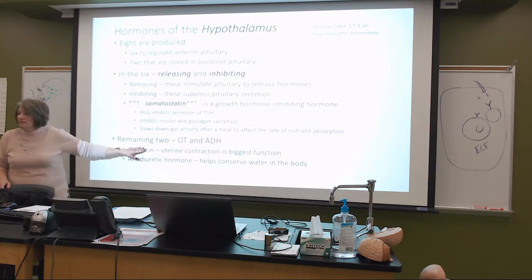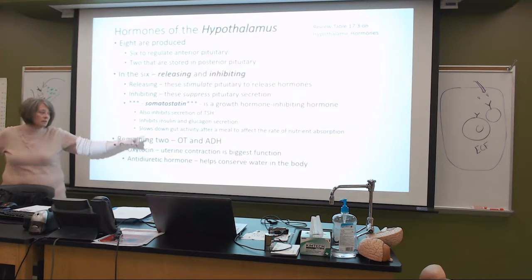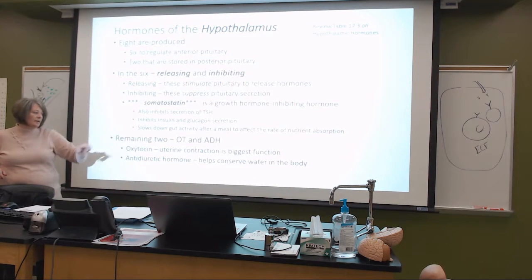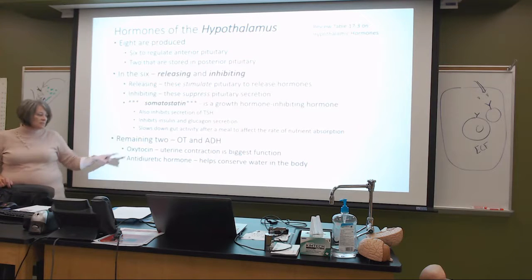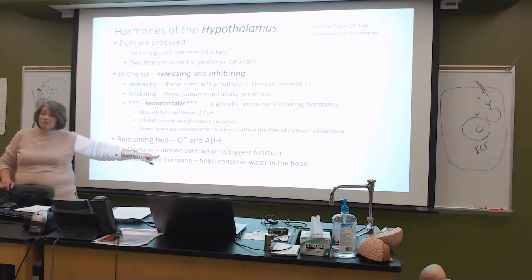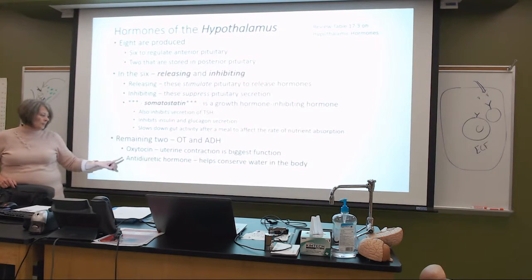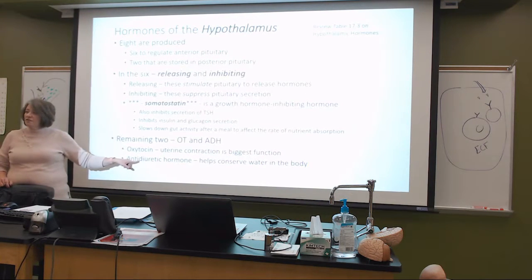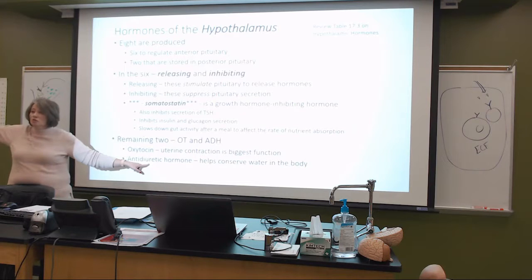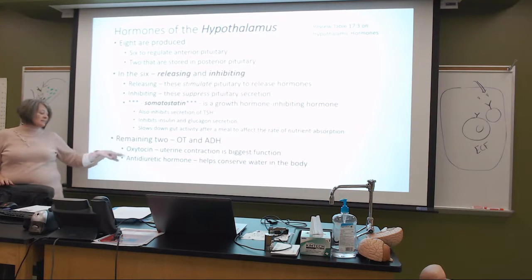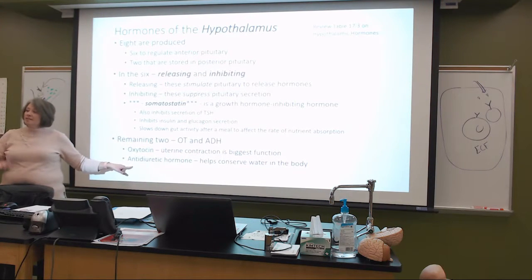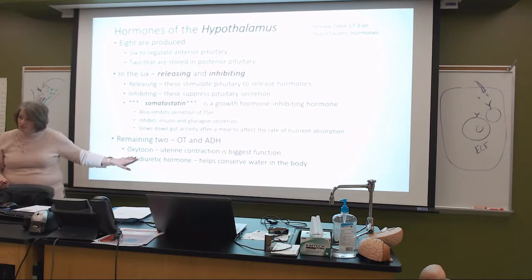Those 2 that I've already mentioned. For the posterior, oxytocin, antidiuretic. Oxytocin, the biggest function is uterine contractions. Antidiuretic, well, like the name implies, if you take a diuretic, you go to the bathroom. So this is anti. It wants to help the body keep water. So those are the 2 in the posterior.